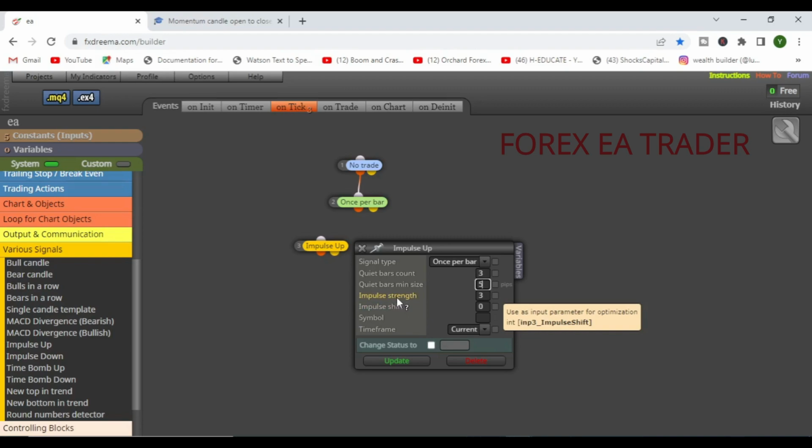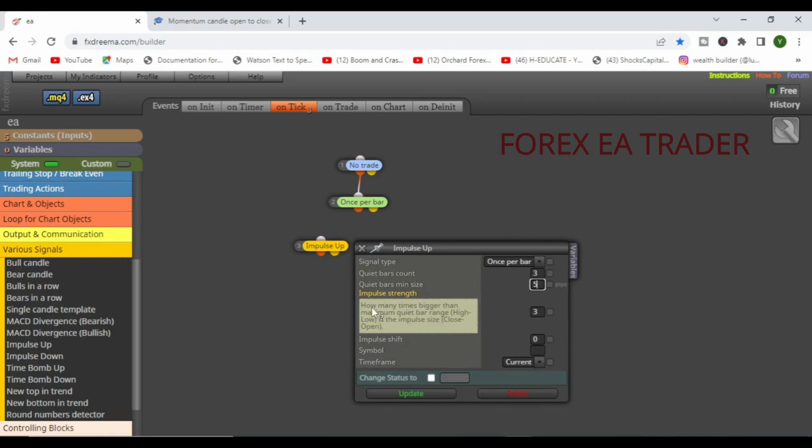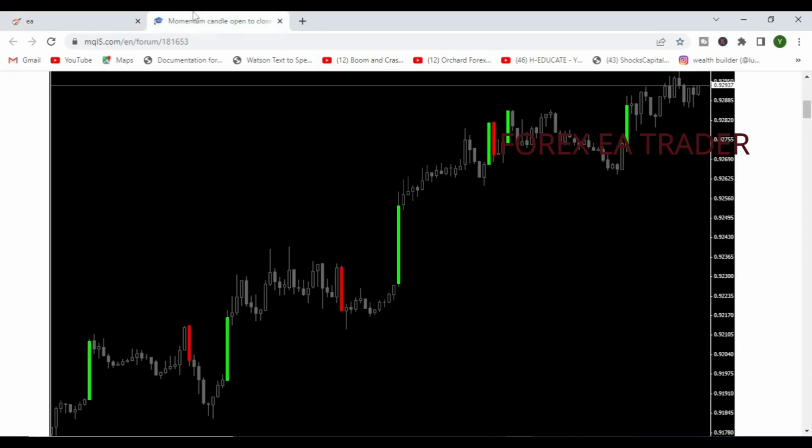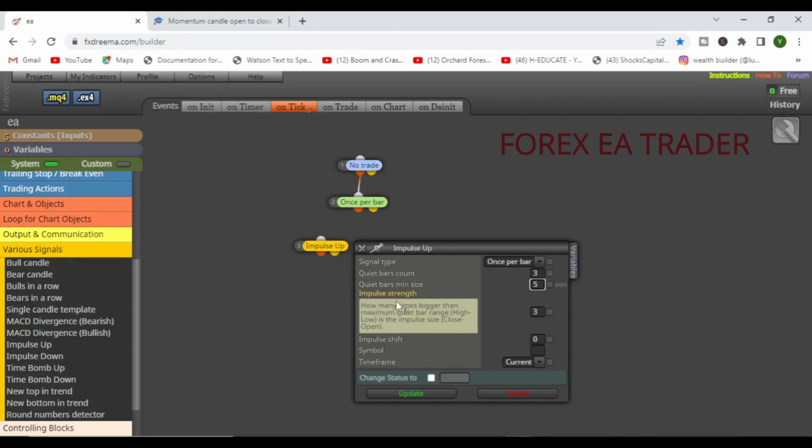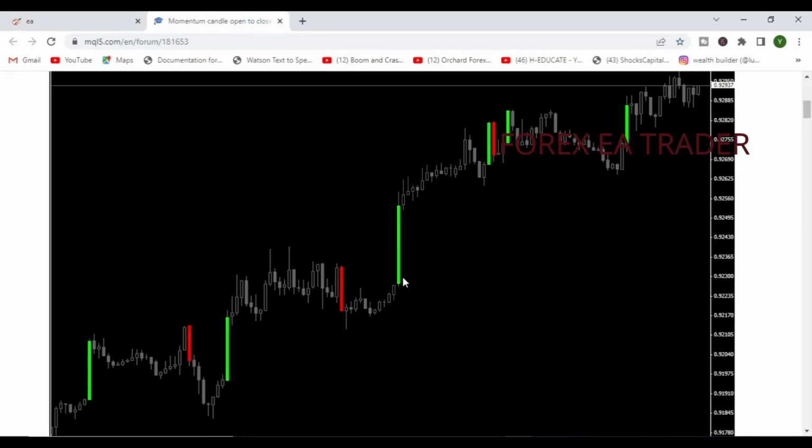This is where it gets critical now. Impulse strength, if you just click in there. Impulse strength is talking about how many times bigger the impulse size, close and open, is than the maximum quiet bar range, high and low. So now we are talking about this candle, that's the impulse strength.